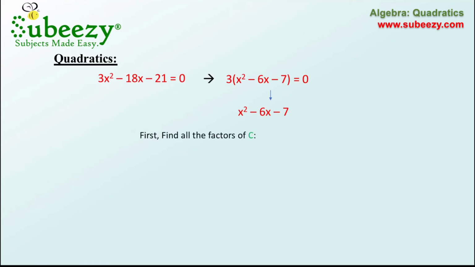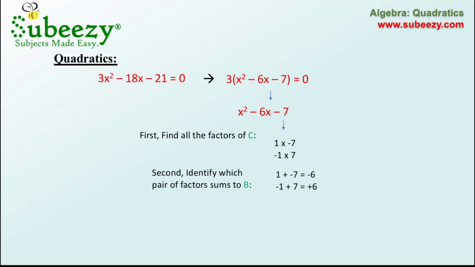Recall the first step is to find all of the factors of c. C is negative 7. We have 1 times negative 7 and negative 1 times 7. Second, we need to identify which pair of factors of c, when summed together, equal b. B is negative 6.